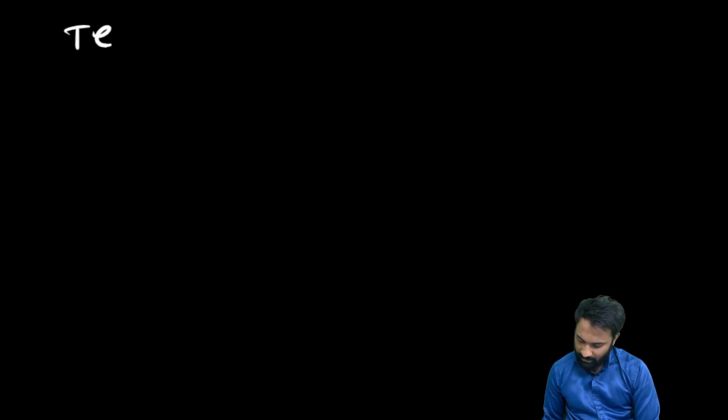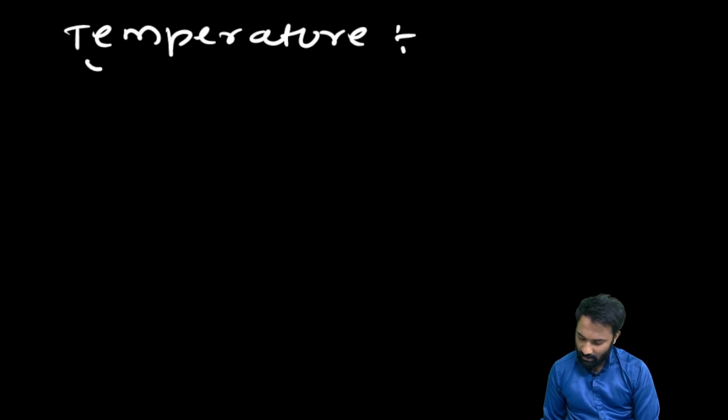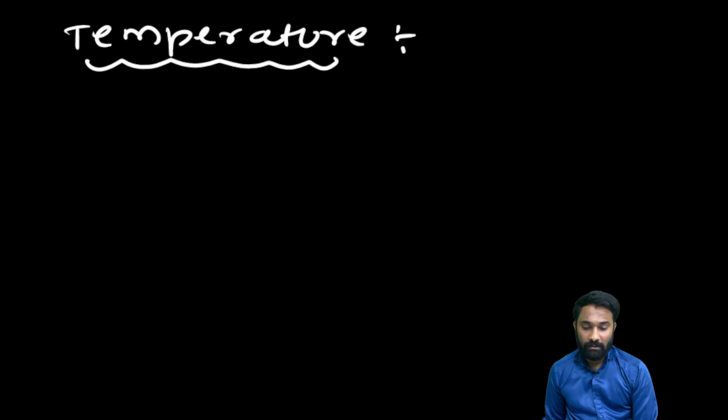Next type of conversion that we are going to see is temperature. If they have given the temperature, how to convert the units of this temperature, now we are going to see. Clear? First, the conversion of the temperature, that is Kelvin.